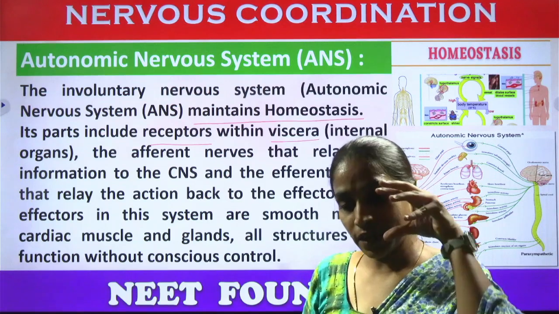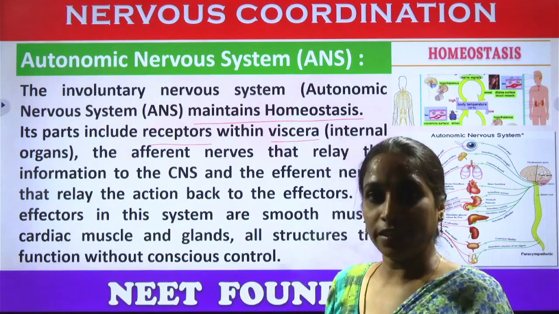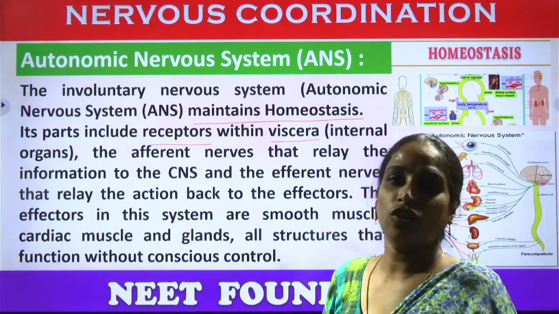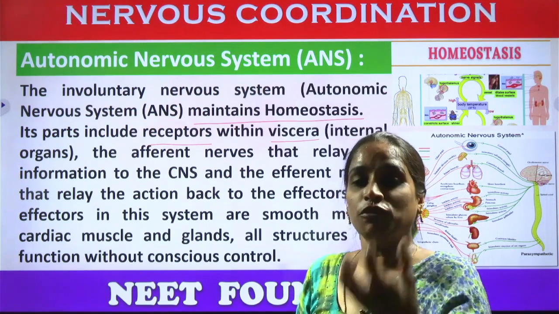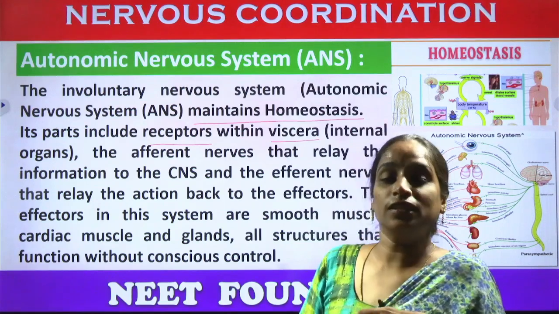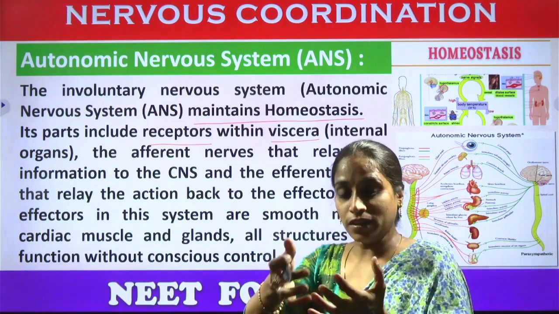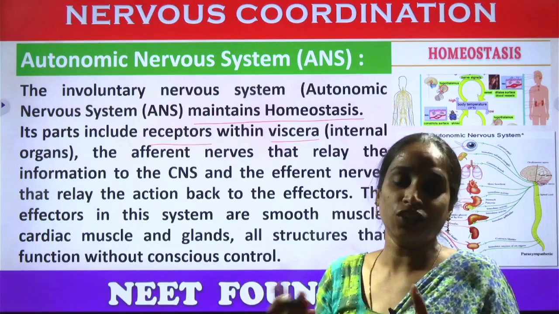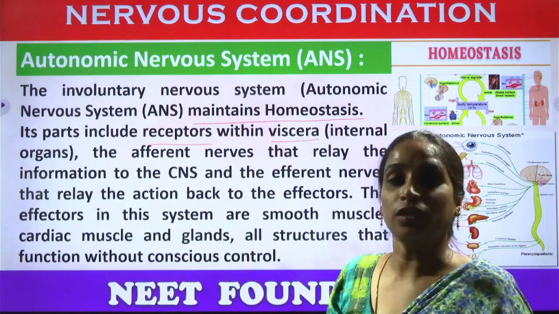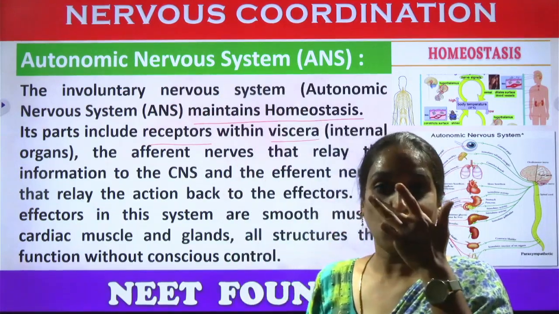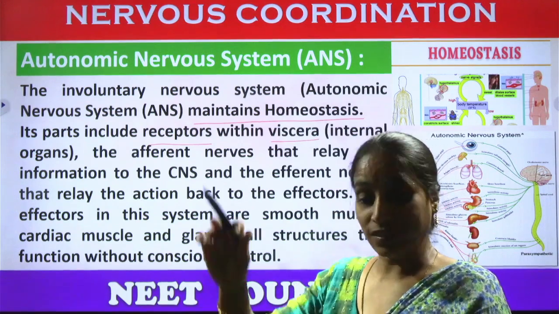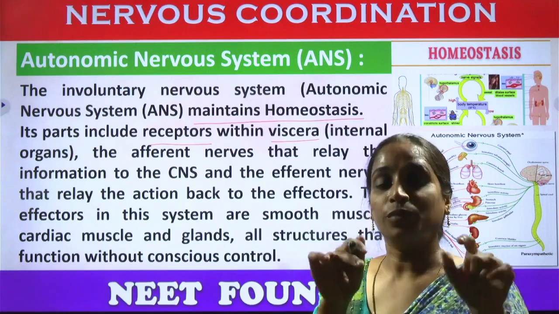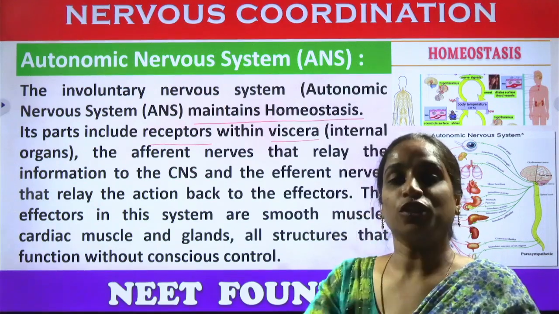The receptors are embedded within the internal organs, so whatever is happening inside the internal organs, the receptors receive the message. It sends the message to the brain and spinal cord, and there we can observe the reaction given by the particular muscles of that organ.